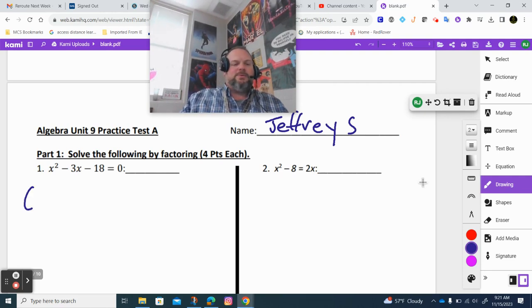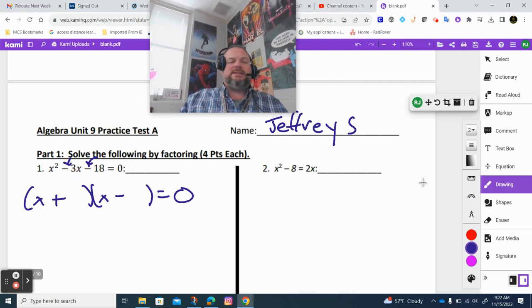All right. So, number 1, we can actually go into factoring as is because zero's on one side. Now, this negative in front of the 18 tells us our signs are different. This tells us the bigger number is negative.